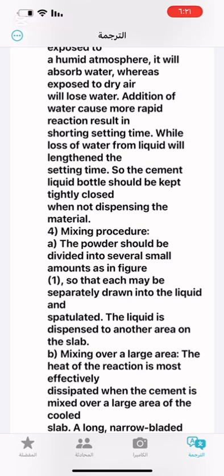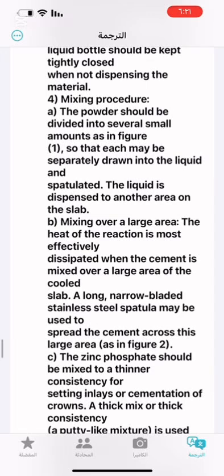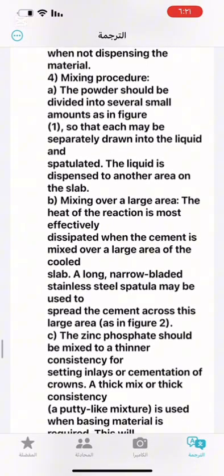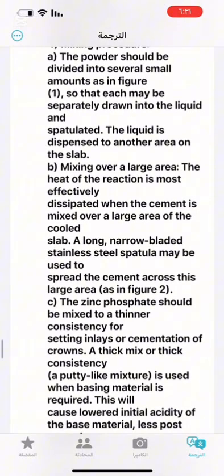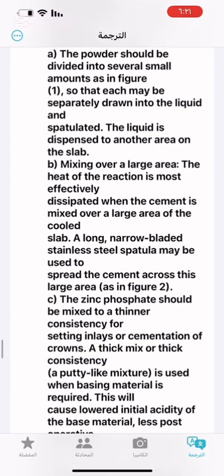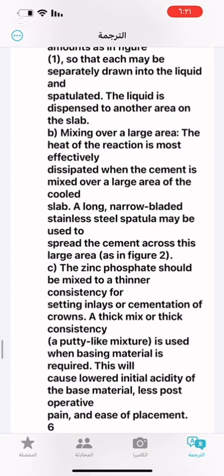4. Mixing procedure. The powder should be divided into several small amounts as in Figure 1, so that each may be separately drawn into the liquid and spatulated. The liquid is dispensed to another area on the slab. B. Mixing over a large area.